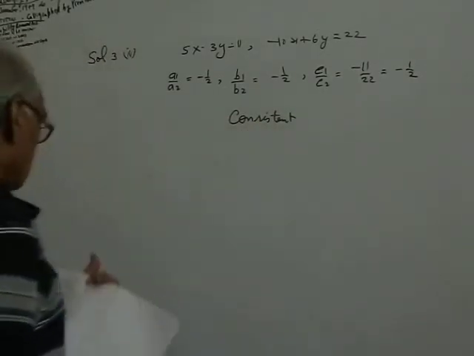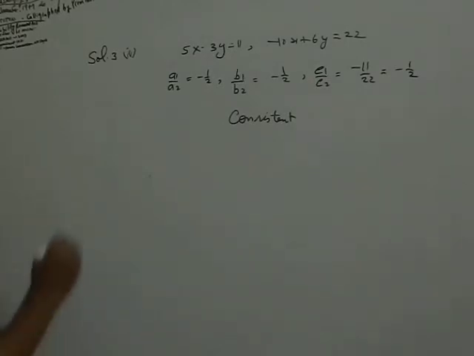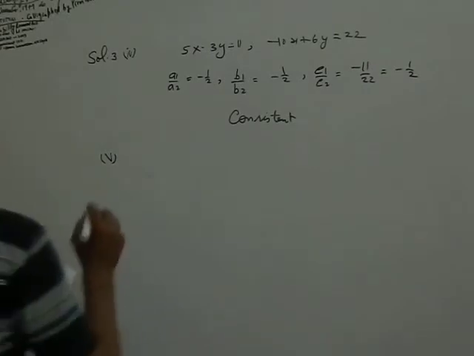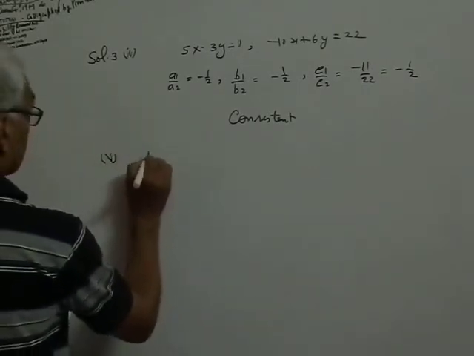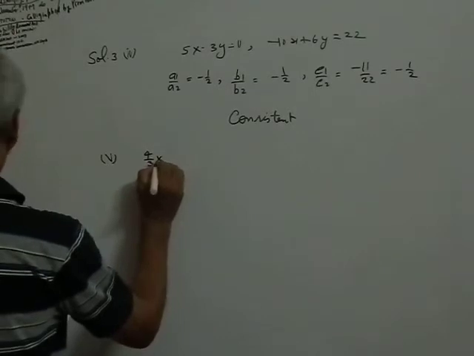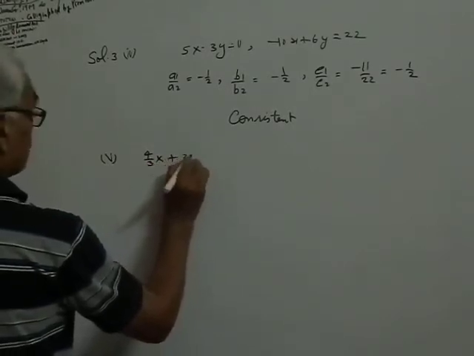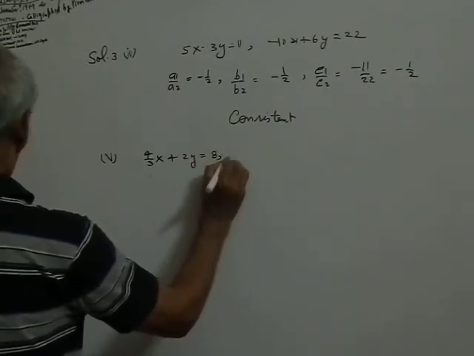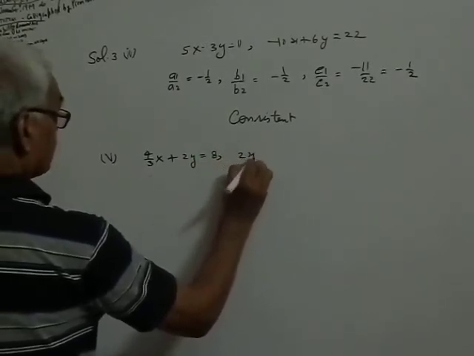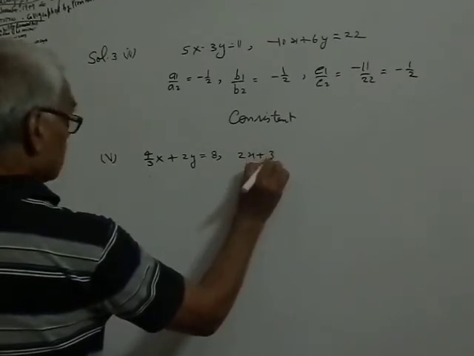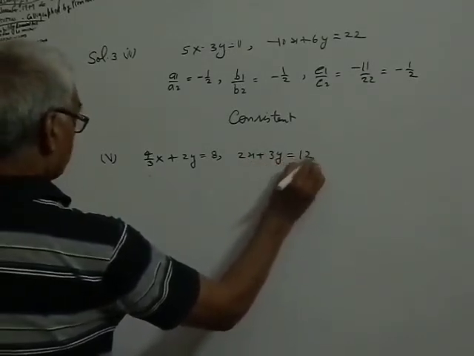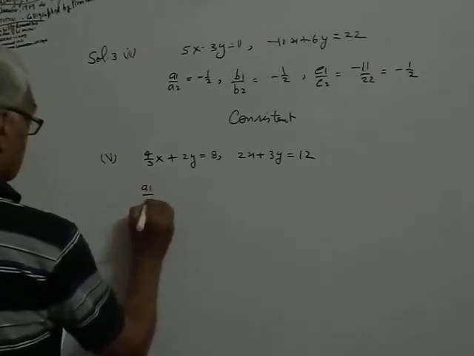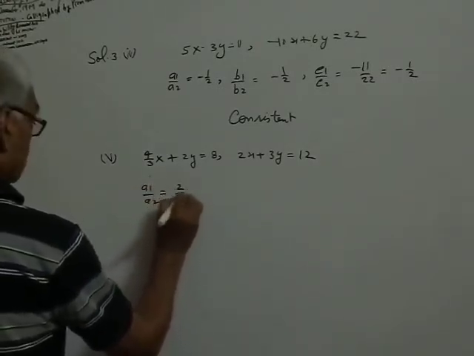Lines are consistent. Now the fifth part of third: the equations are 4 by 3 x plus 2y is equal to 8, and the next is 2x plus 3y is equal to 12. So a1 upon a2, ratio of coefficient, is 2 by 3.